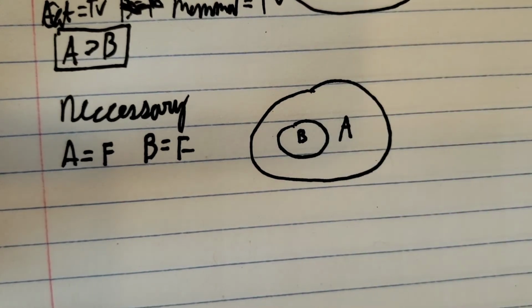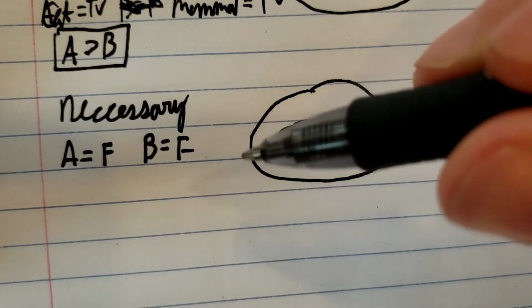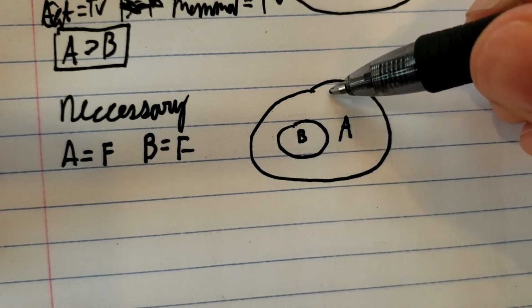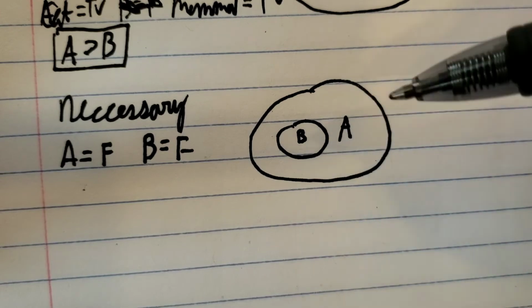You reverse it. When A is necessary for B, all things B fit inside of A. So if something isn't A, if A is false, it isn't B, because all B is A.